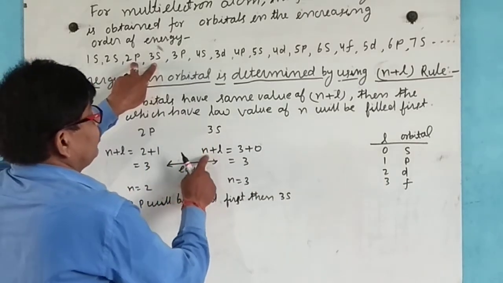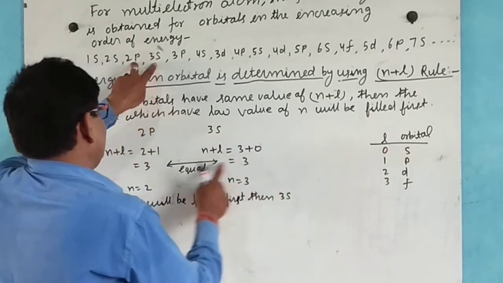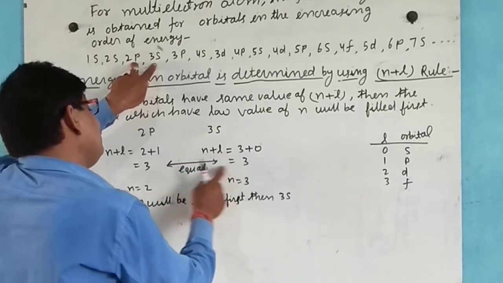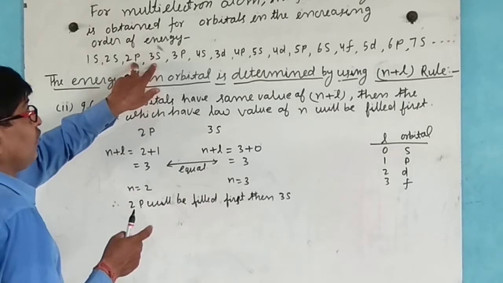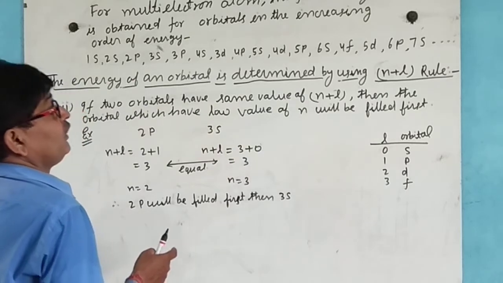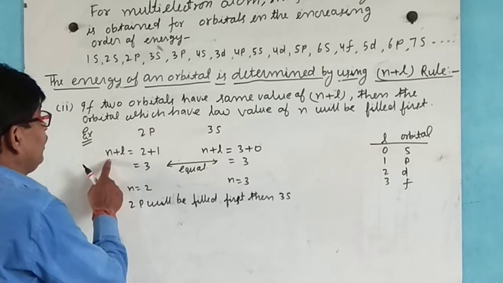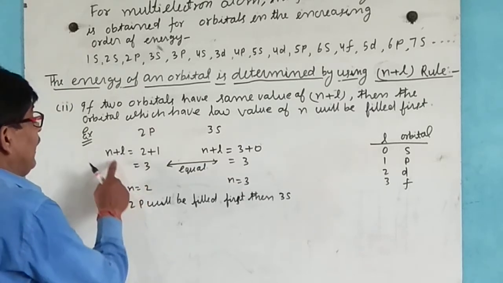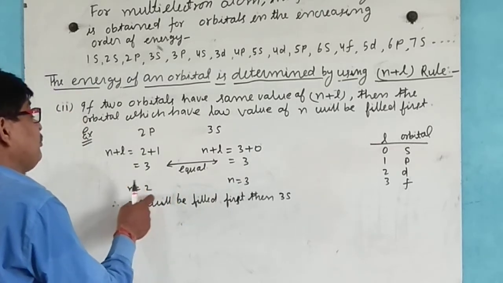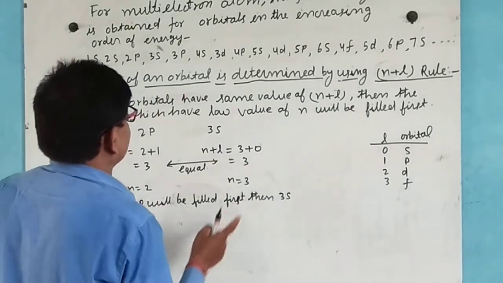Here n is equal to 3 and l is 0, so 3 plus 0 is equal to 3. Both are equal. If the value of n plus l is equal, then by the second part, the orbital which has the lower value of n is filled first. Here the value of n is 2 and here it is 3. So the 2p orbital will be filled first, then 3s.